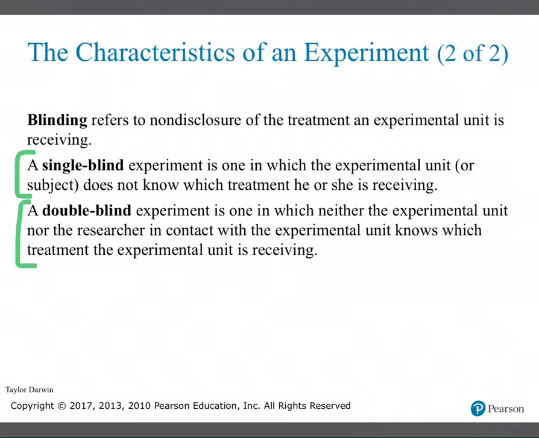Double blind means I don't know what pill you're taking, and neither do you. We just look at the results and go from there. After the experiment is over, I would have to figure out who was given what. But there are times when you can't blind, and we'll talk about those as well.